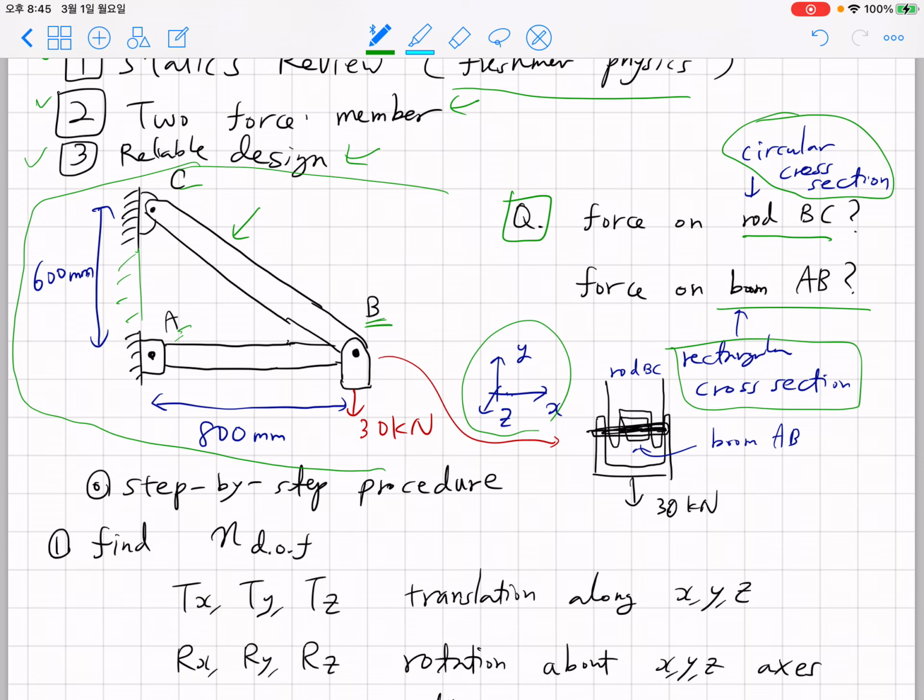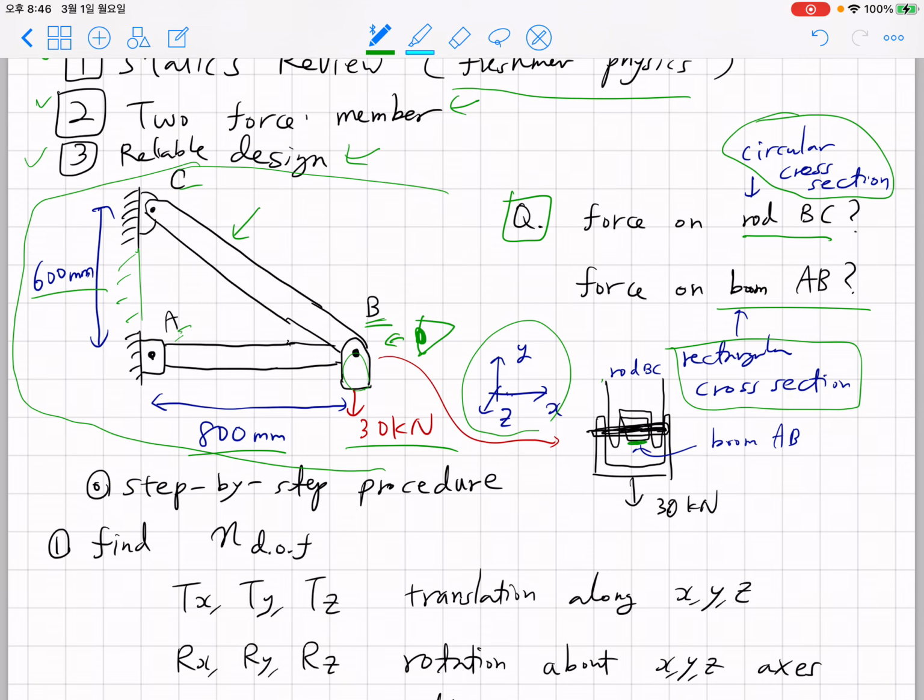X is the horizontal axis, Y is the vertical axis, and Z is the axis out of this plane, out of this paper. Oh, not paper, it's an electronic screen, so out of your LED screen. The dimensions are given as 800 millimeter and 600 millimeter, and the force acting on this structure is 30 kilonewton. If we look at this structure from the side, this is your eye, and you are looking at here, so you have boom AB and rod BC.